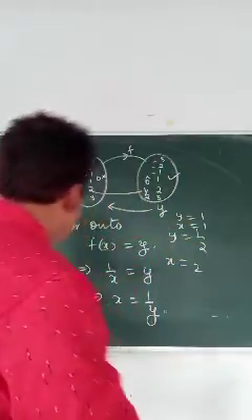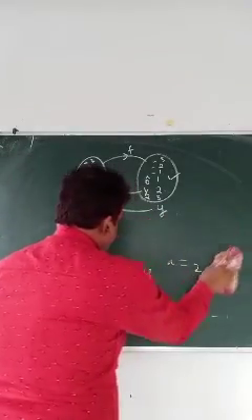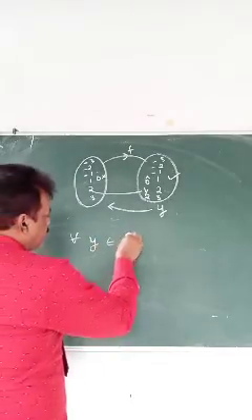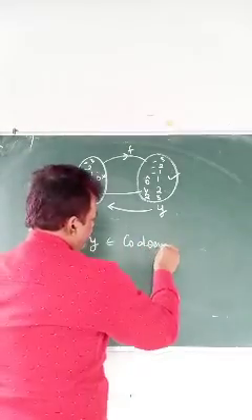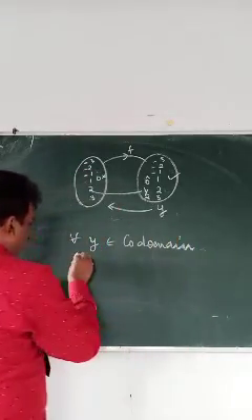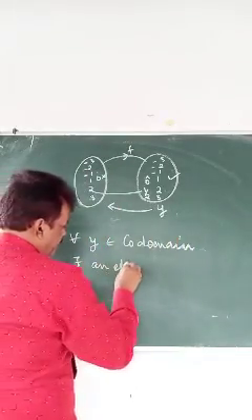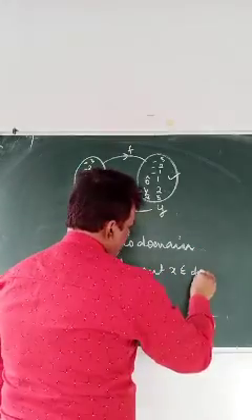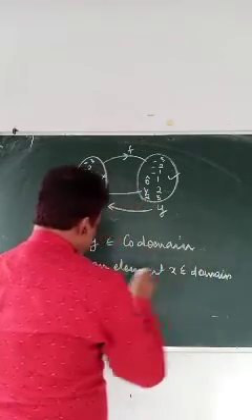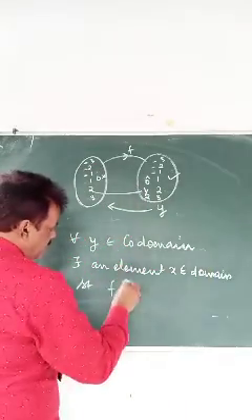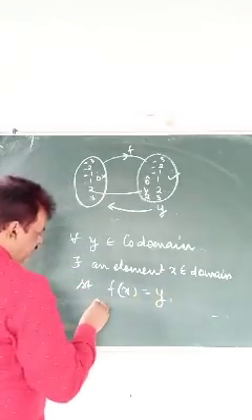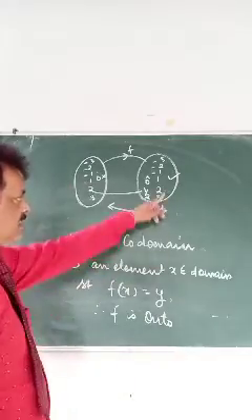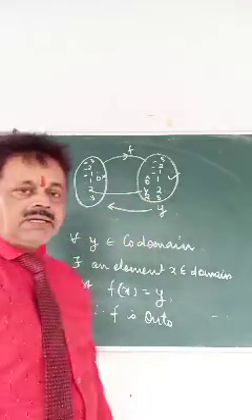So you can write for all y belongs to codomain, there exists an element x belongs to domain such that f(x) equals y. Therefore f is onto. Means for every element under this definition you are getting an element.